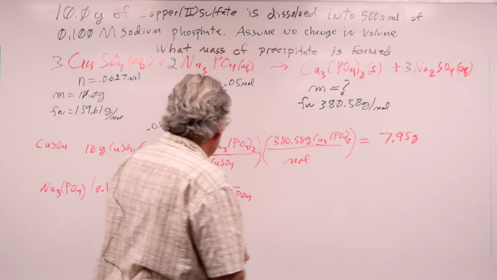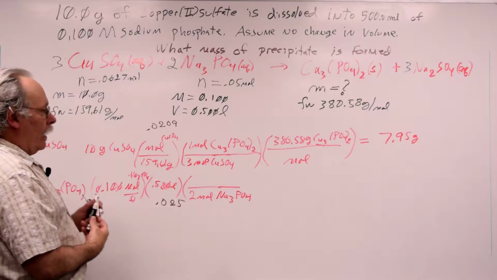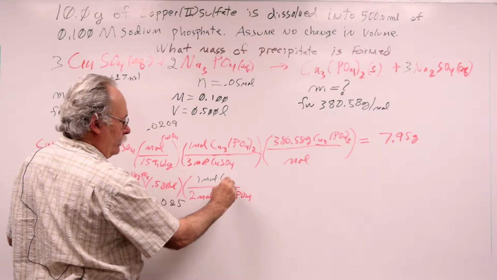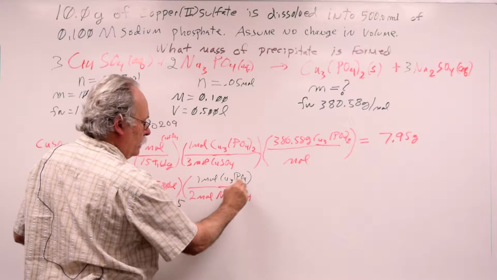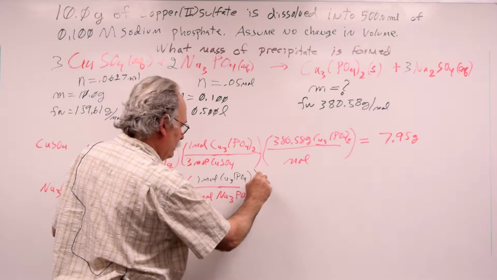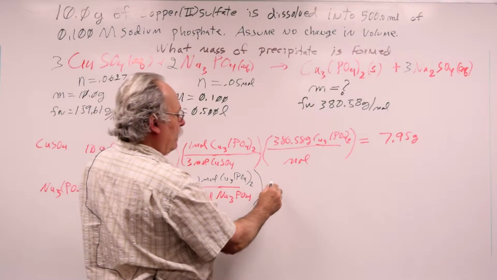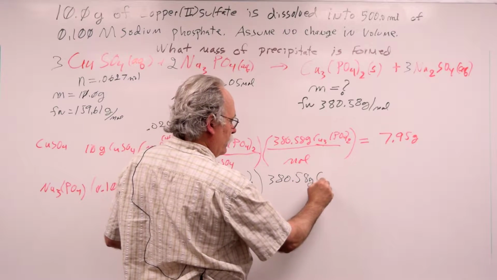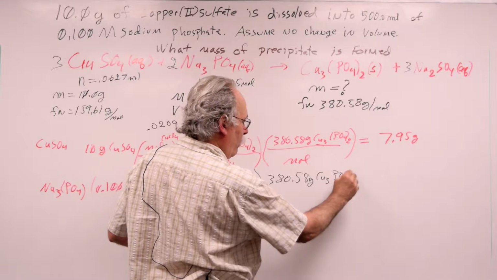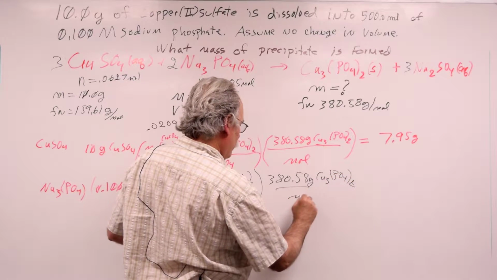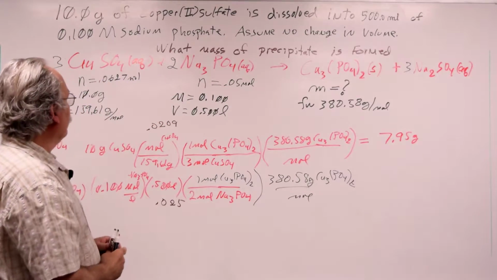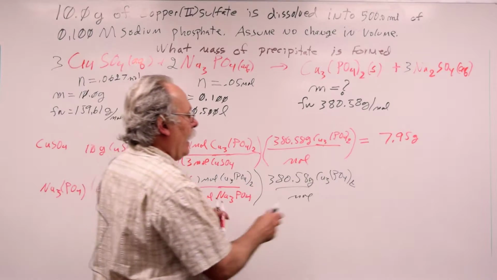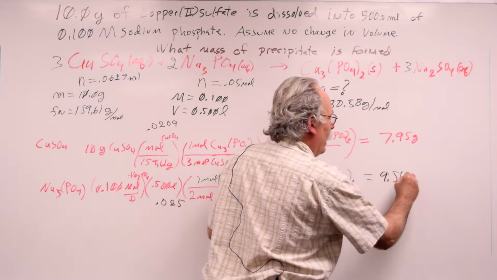which would be 7.95 grams. Now, I could have also multiplied this by the same 1 mole of Cu3(PO4)2. And can we calculate the mass of this? If I multiply that by 380.58 grams of Cu3(PO4)2 per mole, then if I take this number here, 0.025, multiply by 380, I get 9.51 grams.